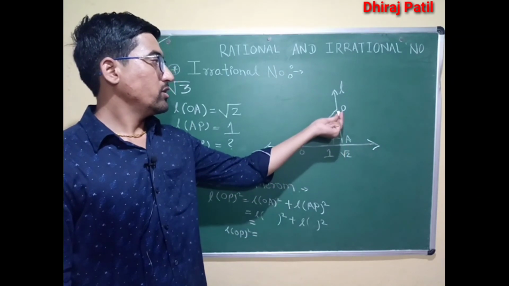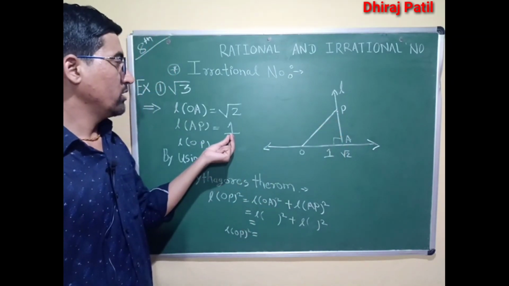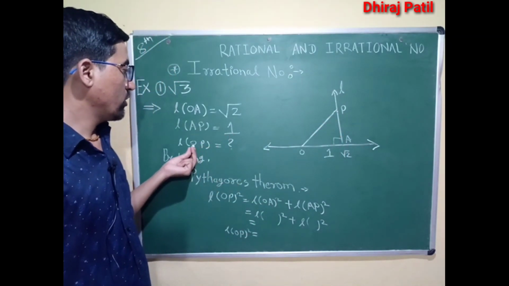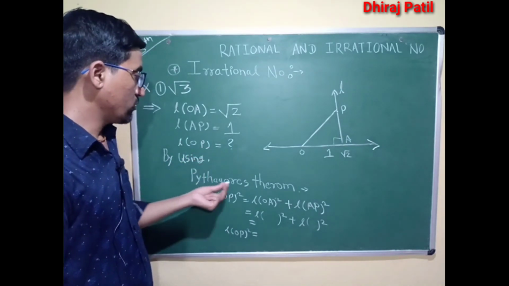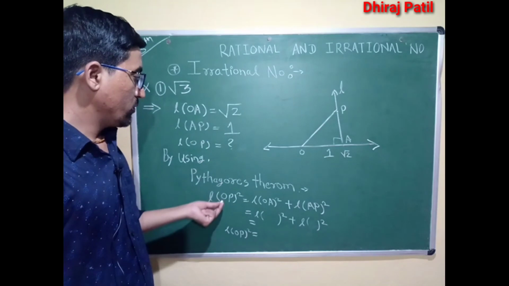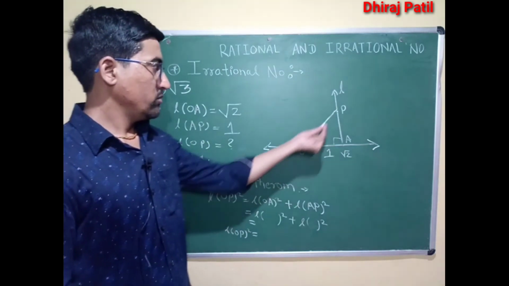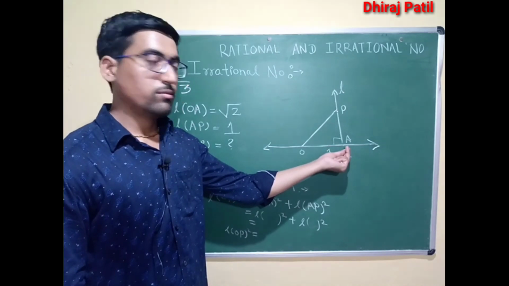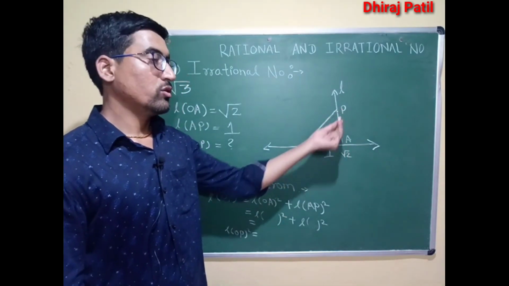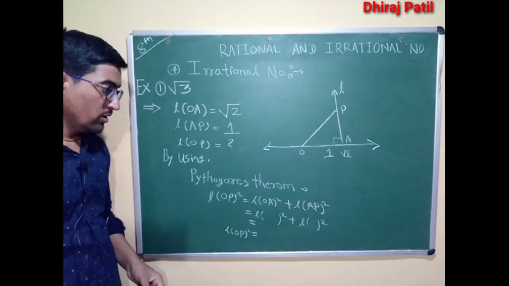AP has value 1, and we have to calculate OP square. This is nothing but our hypotenuse. So by using Pythagoras theorem, OP square is equal to OA square plus AP square. So we have to put in our values.